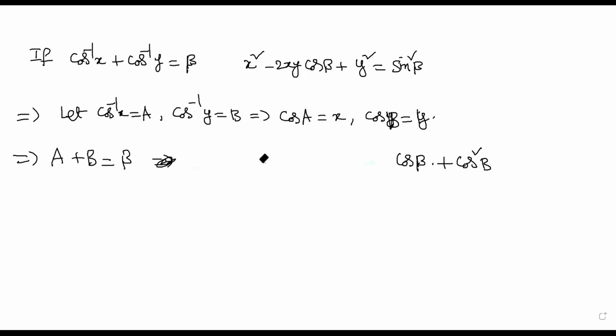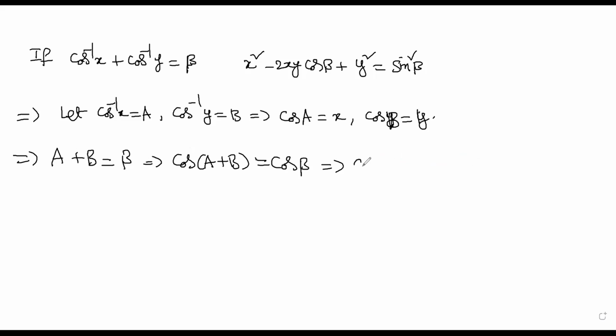So what I will do is, let us apply cosine function on either side. Then cos of a plus b is equal to cos beta. See, a plus b is beta, then cos of a plus b is cos beta.